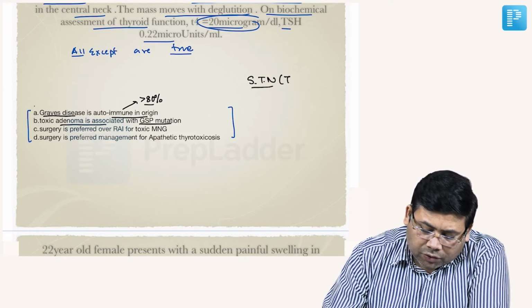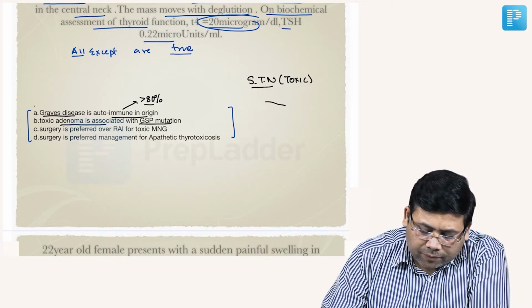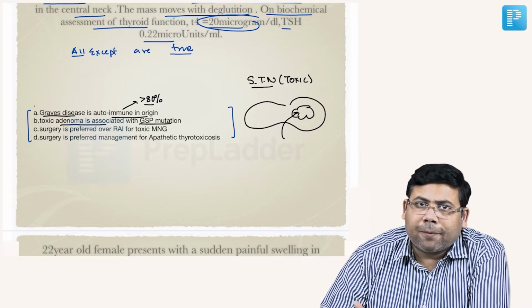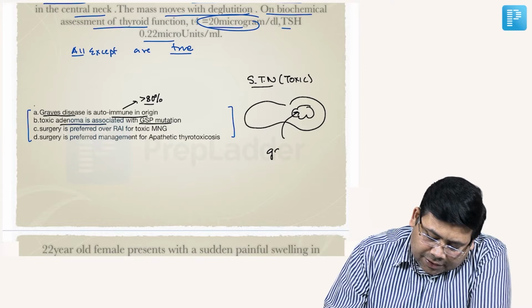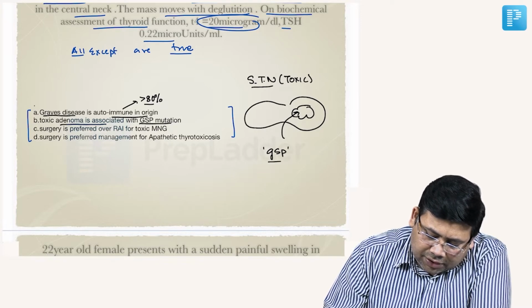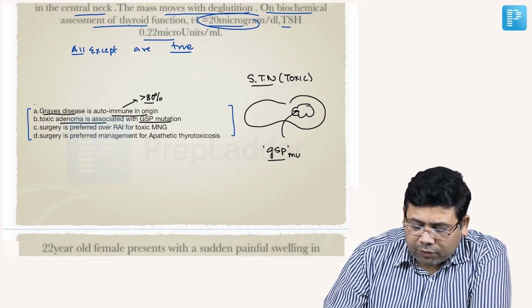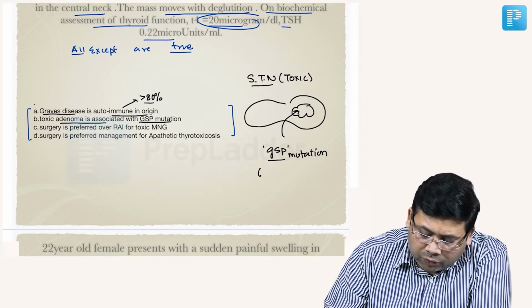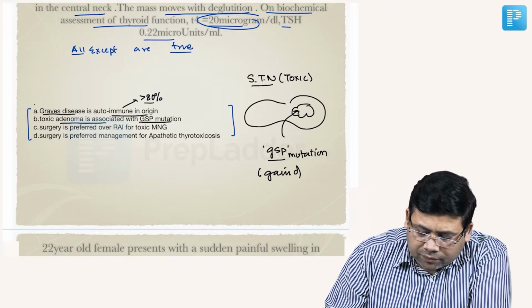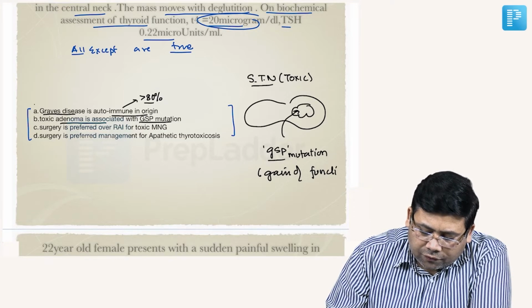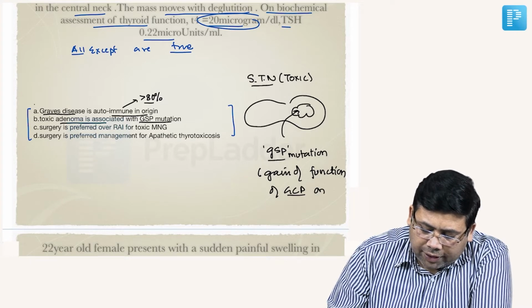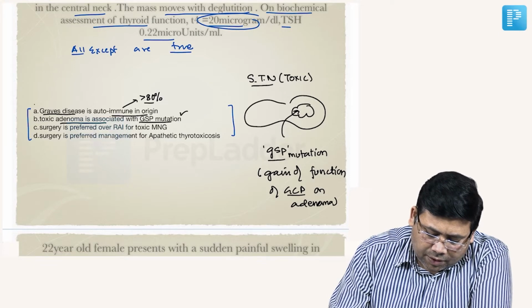When we talk about solitary thyroid nodule which is toxic, the problem is that this nodule is autofunctioning, and the reason is that there is something which is known as G stimulatory protein mutation. Now what is this G stimulatory protein going to do? There is gain of function of G coupled protein on adenoma, and that is why there is uncontrolled increase in size.